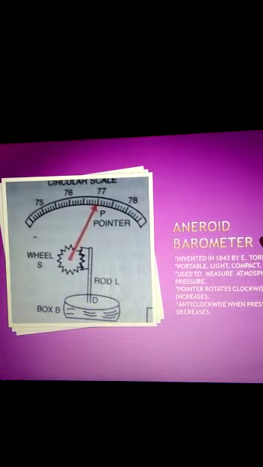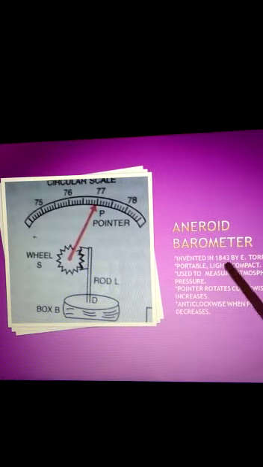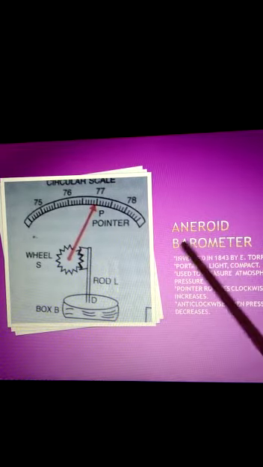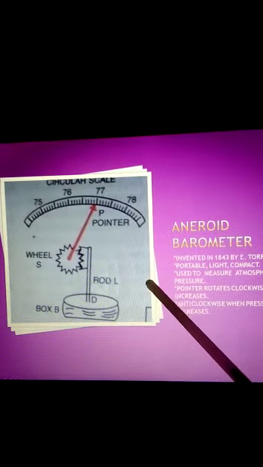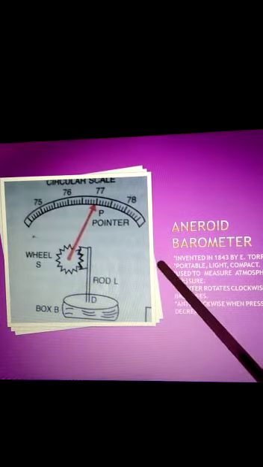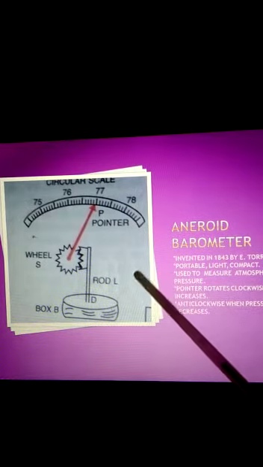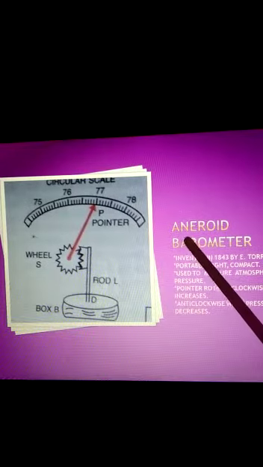Another type of barometer is the Aneroid barometer, that was also invented by Evangelista Torricelli in 1843. Why? Because, as we just discussed, there were many disadvantages of the simple barometer. So to avoid such disadvantages, he invented the Aneroid barometer.